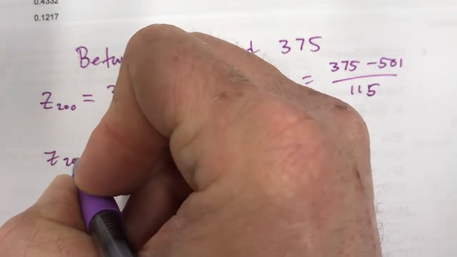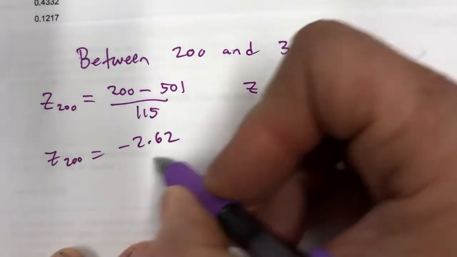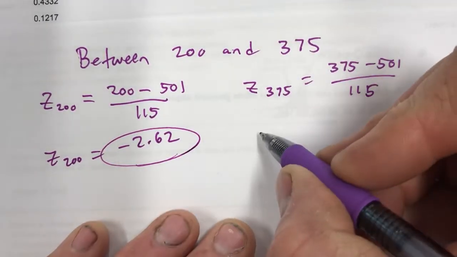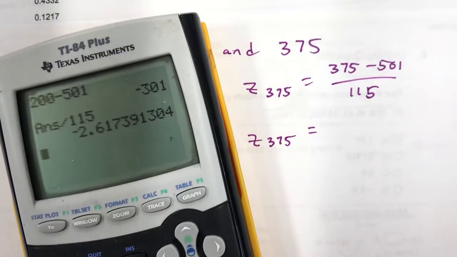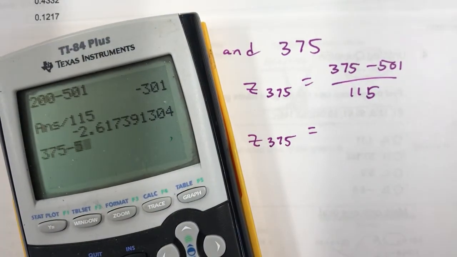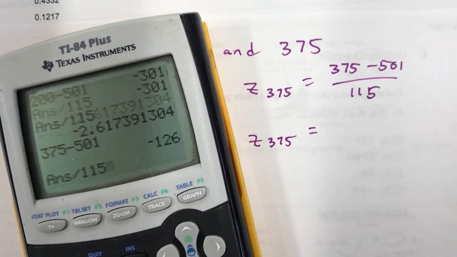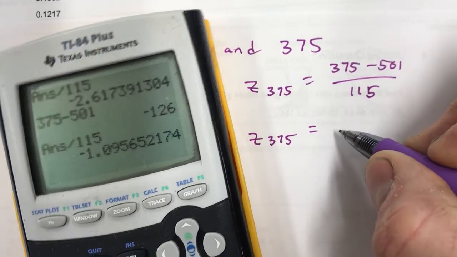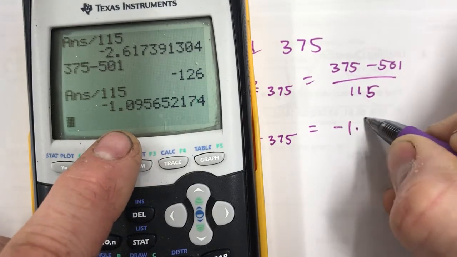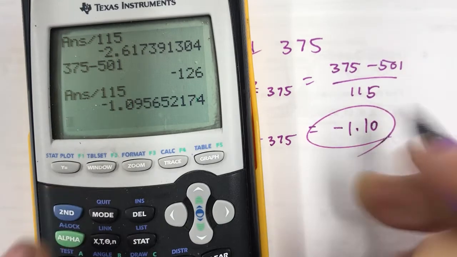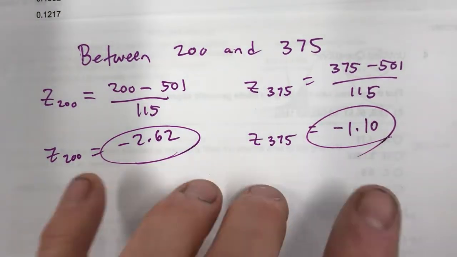That's the z-score of 200. Okay. Now, what's my z-score over here at 375? So I'm going to do 375 minus 501 divided by 115. And I'm going to go ahead and round it. That 5 makes the 9 go up to a 10, so it's negative 1.10. That's my z-score there. So I look these up on the table.